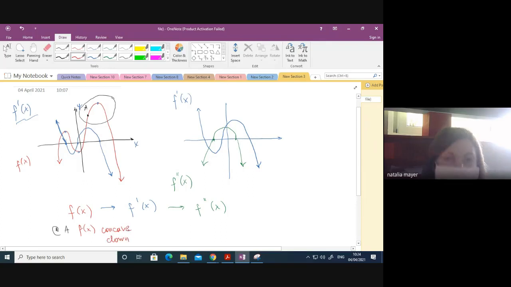Now, what can you see about the slope, the derivative function? You remember that the function here is concave down. So is the derivative function increasing or decreasing? Decreasing.